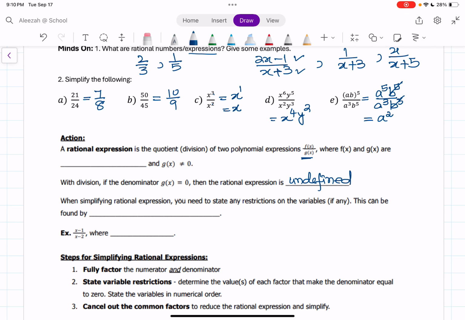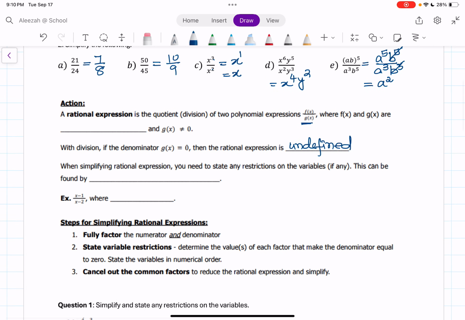Okay. Next, when you simplify a rational expression, you need to state any restriction on the variable, if any. So for example, let's do this example first. So here is an example where we have to write the restriction. As we talked about, whenever we are talking about a rational expression, the denominator should not be 0.